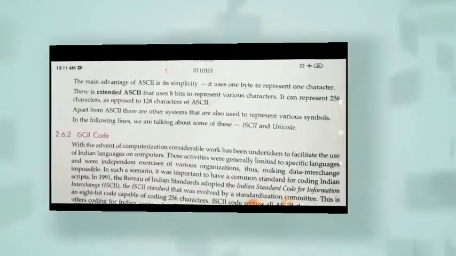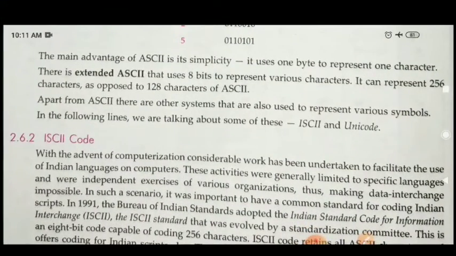The main advantage of ASCII is its simplicity. It uses 1 byte to represent one character. 1 byte means 8 bits, and for each character it uses 1 byte. There is extended ASCII that uses 8 bits to represent various characters.